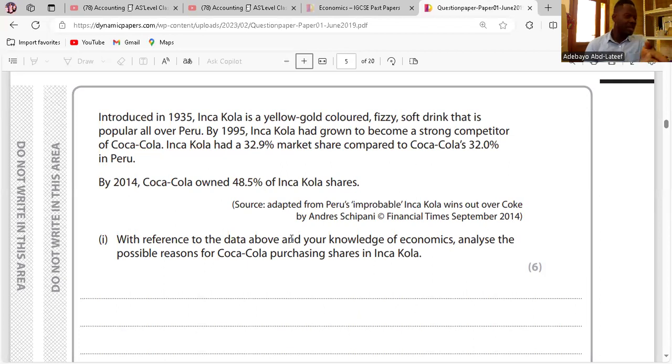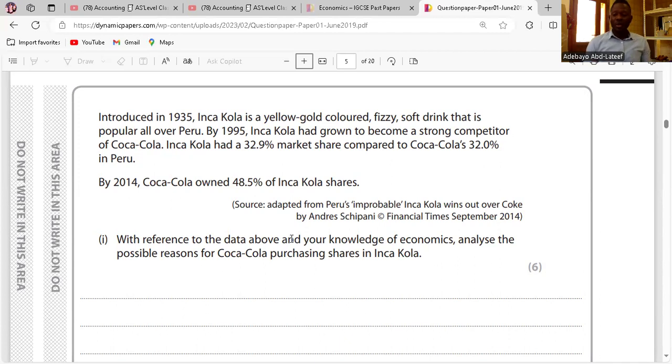Number one, based on the case study, Inca Cola is a major competitor for Coca-Cola and the market leader, which makes it more interesting to invest in. Inca Cola has the largest market share, slightly above that of Coca-Cola. So Coca-Cola might find it attractive to invest in Inca Cola. That's the first point.